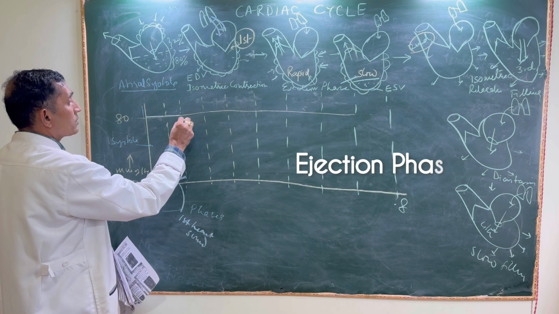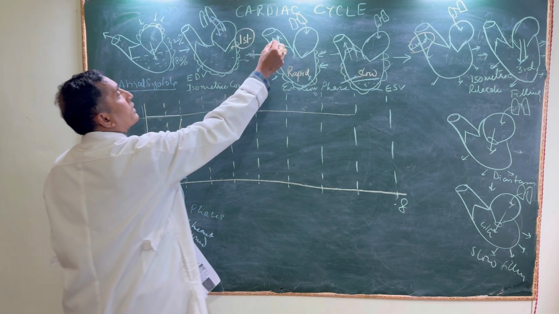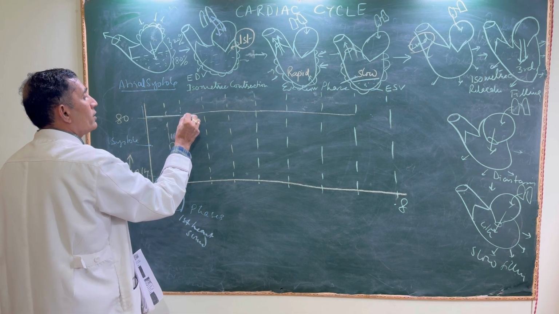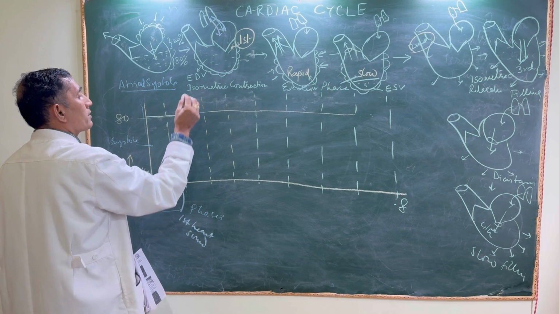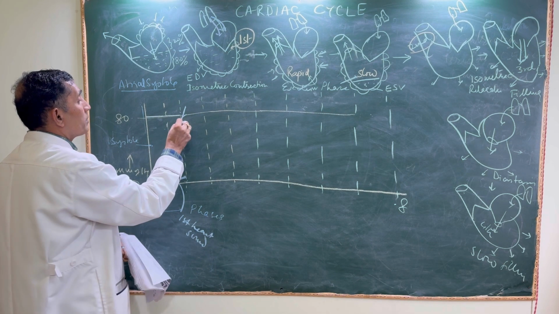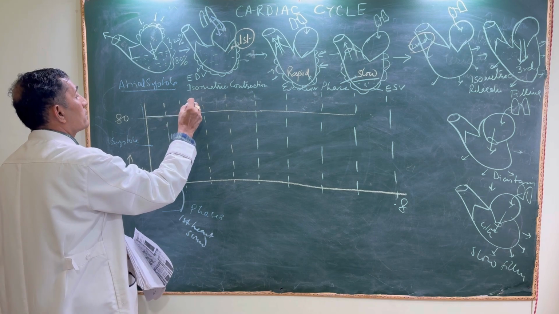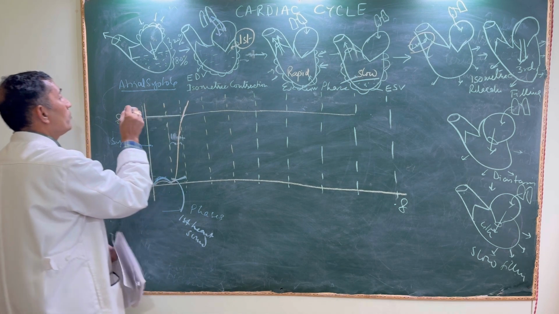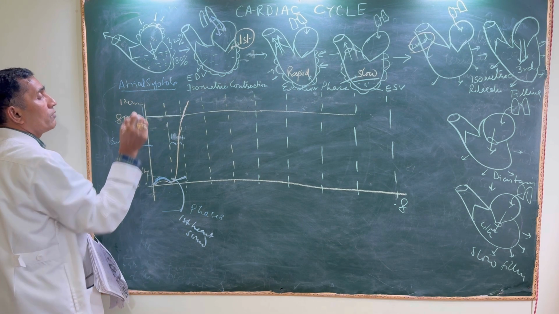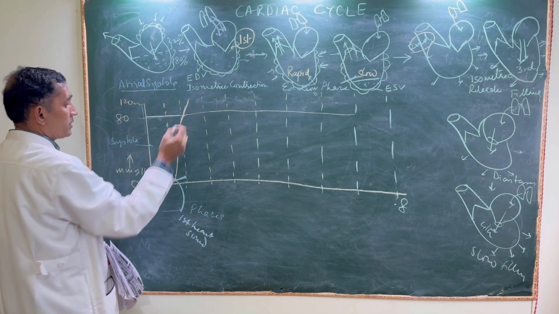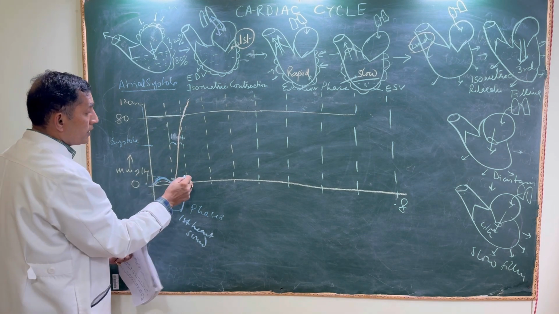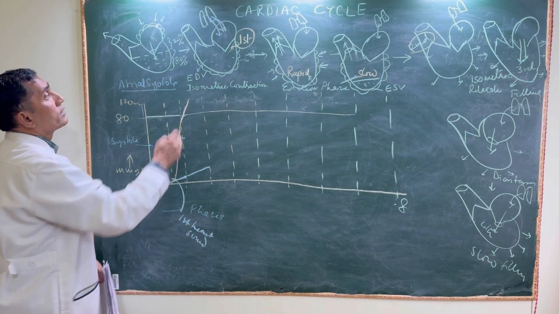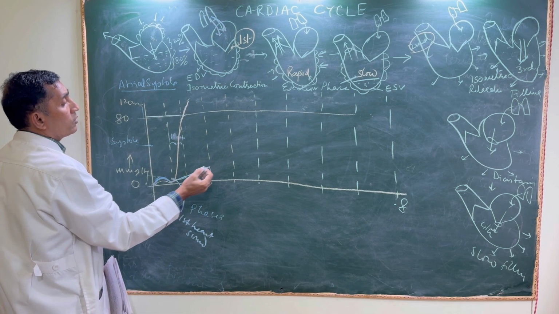In the ejection phase, the blood enters the aorta, so the pressure increases up to 120 millimeter of mercury. That is the ventricular pressure. And the volume in the atria also increases as they fill.